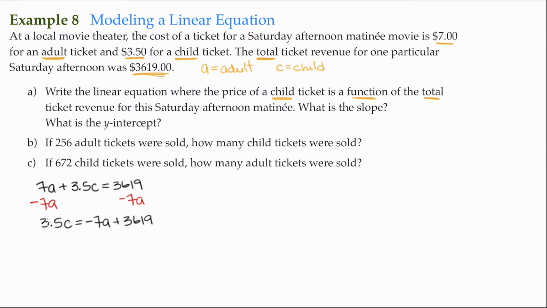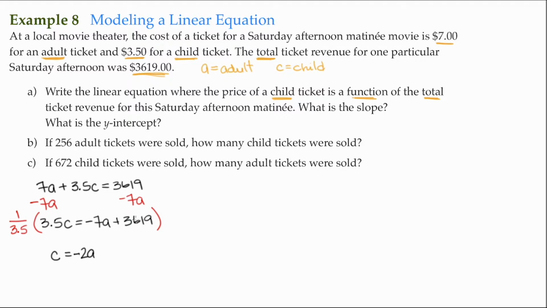We can then divide out the 3.5 from either side, or go ahead and multiply the entire thing by 1 over 3.5. 1 over 3.5 times 3.5c, of course, leaves us with c. Negative 7a times 1 over 3.5, that leaves us with negative 2a.